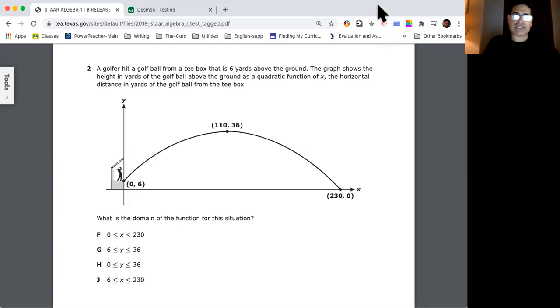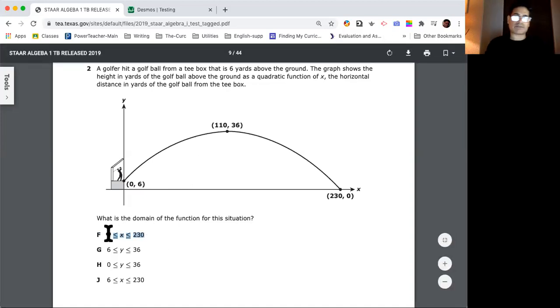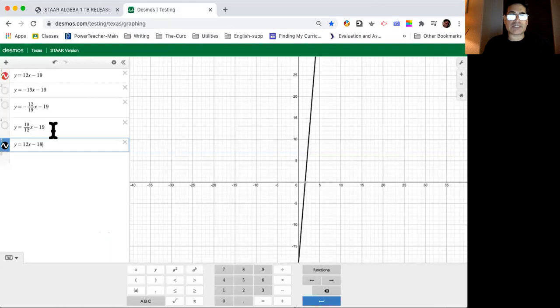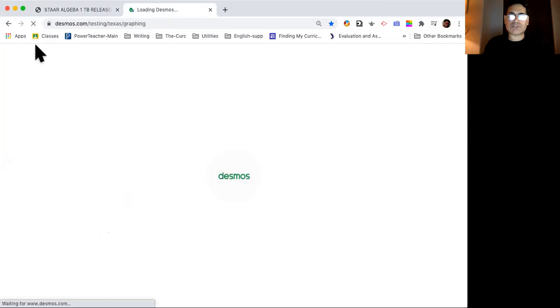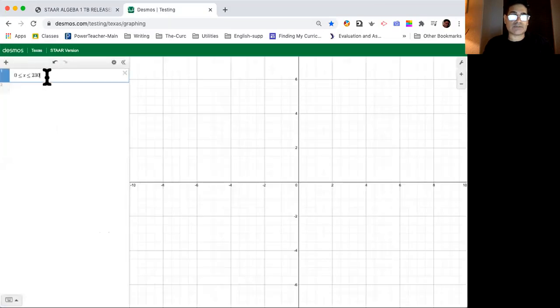I do have to say that as they are typed, it is not possible to get a value from these inequalities because the Desmos testing calculator, let's clear these away, does not do inequalities, and it will tell you that. It says the plotting of inequalities is disabled.